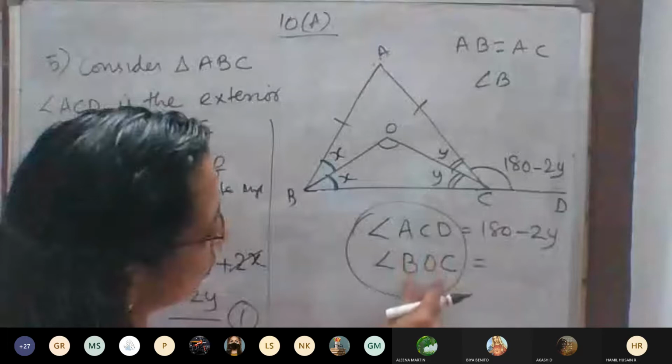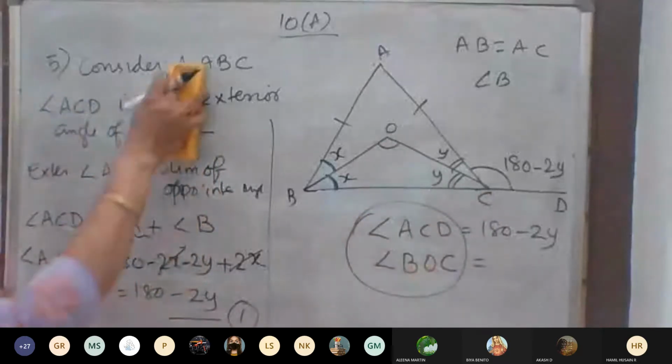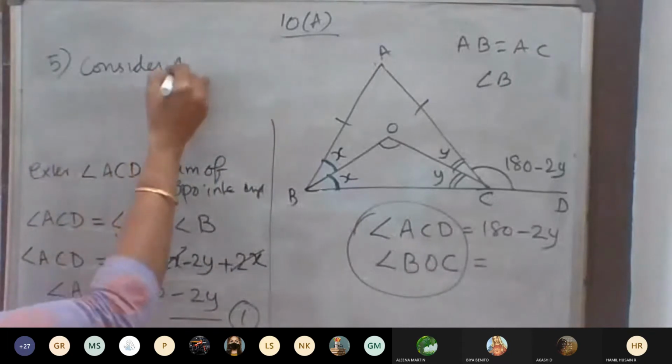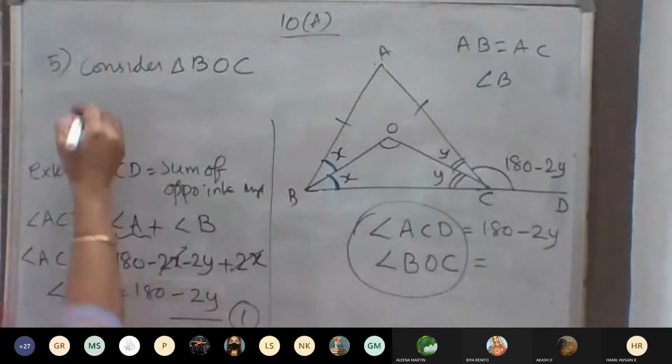To prove angle BOC, we have to consider triangle BOC. Consider triangle BOC. Sum of the angles of a triangle is 180 degrees. Which are the angles?